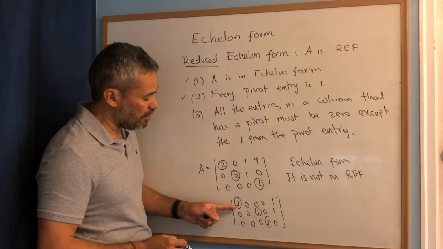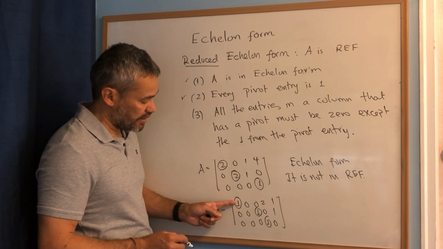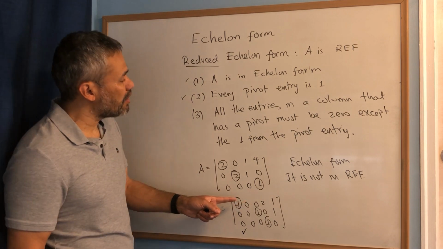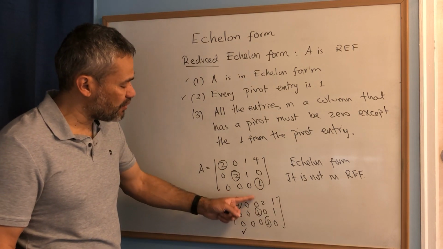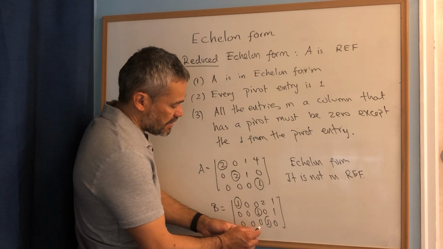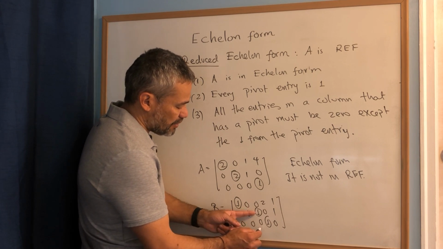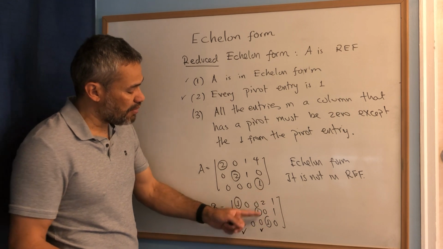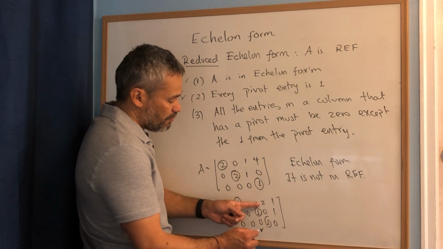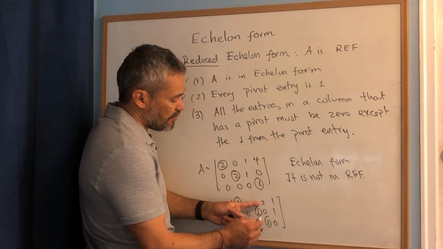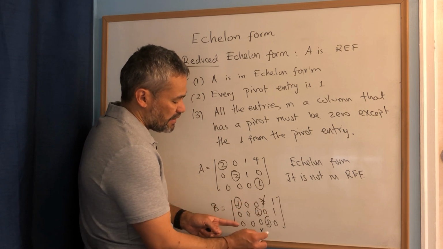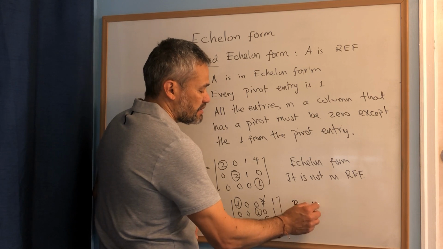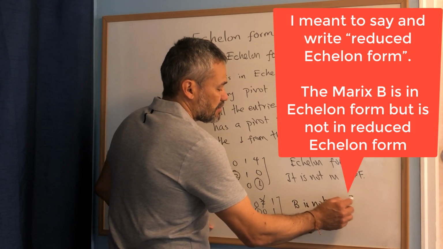When we look at this column, all the entries are 0 except the pivot, so this column checks the property. But when we look at this column that has a pivot, not all the entries are 0. Because of this, matrix B is not in reduced echelon form.